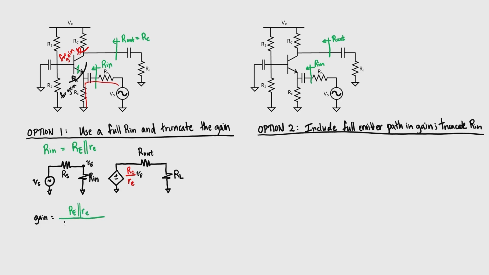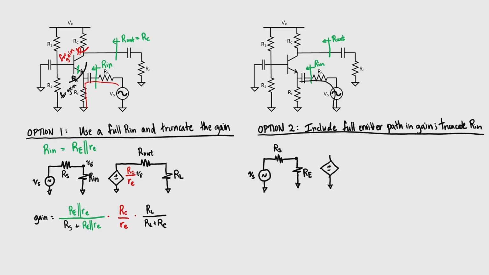Our full expression for the gain then has our input voltage divider, our gain section, and then finally our output voltage divider. Let's move on to option 2. So for option 2, we have our signal and our resistor R sub S. But then I'm going to truncate the input impedance and not include it here. I'm just going to include R sub E. However, then for my gain, I'm going to include everything attached to the emitter.